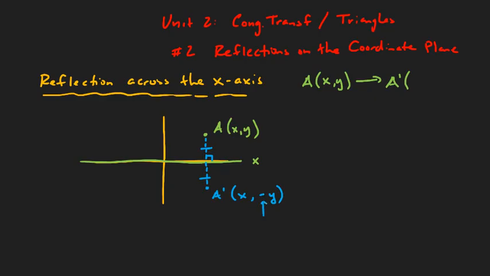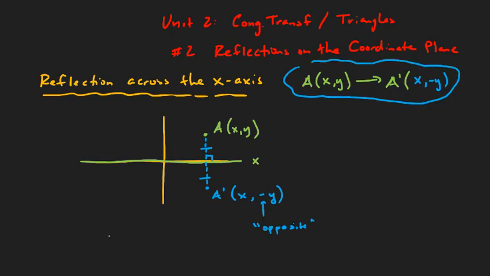This negative does not mean negative y, it means the opposite of what y was. This is what happens when you reflect across the x-axis: your point A at x, y becomes A prime at x, opposite of y. So there are some rules, and this is one of them.